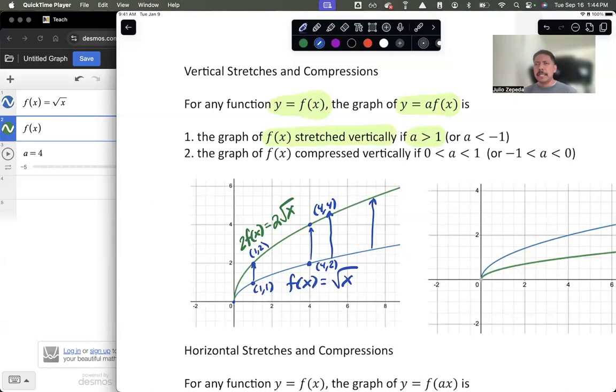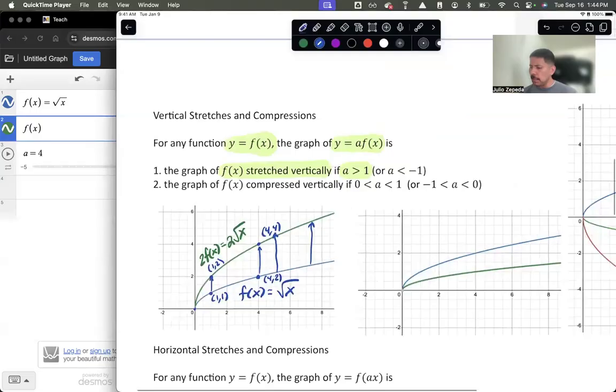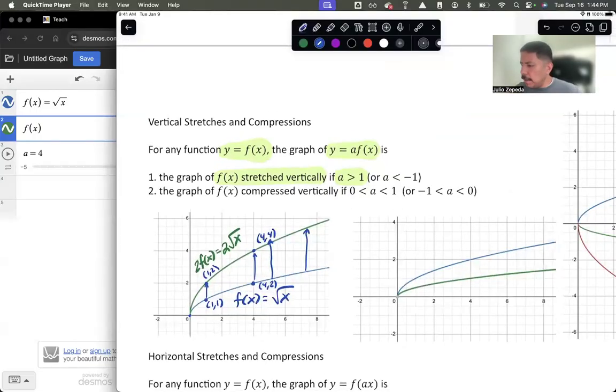so let's go ahead and take a look at the next one. What about vertical compression? How do we compress a graph vertically?